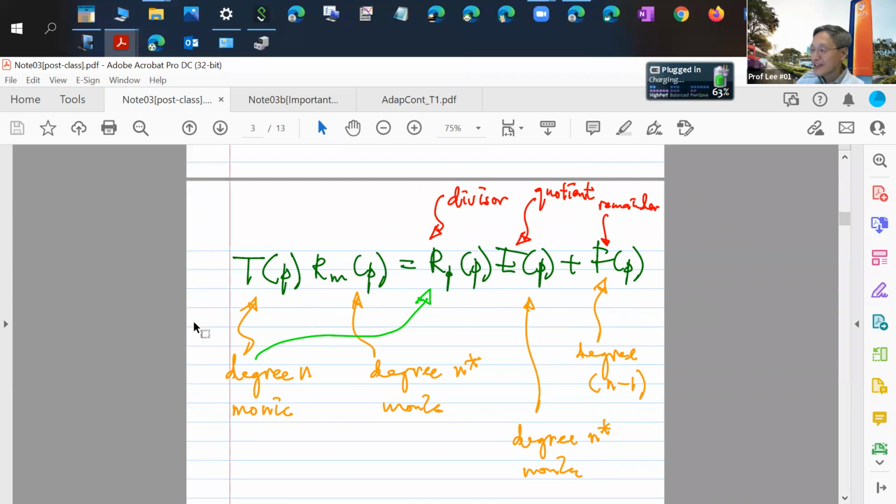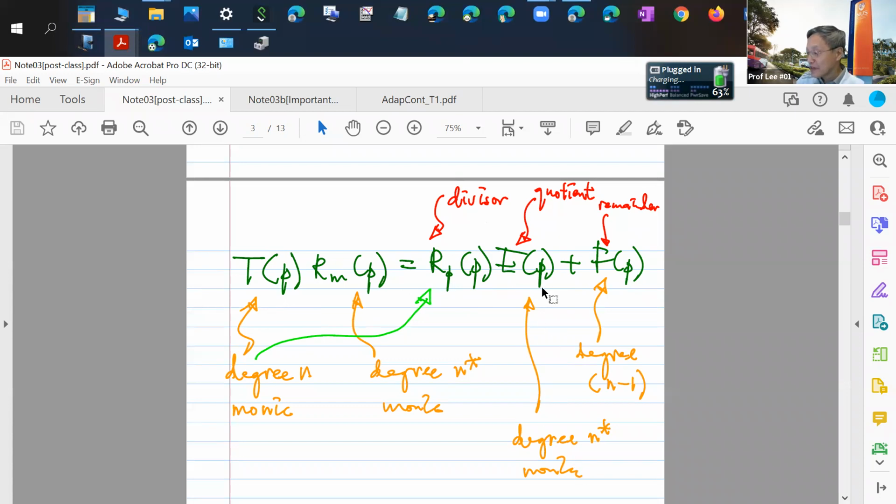Here you're saying that you give me a monic polynomial of degree n plus n star, divided by a monic polynomial of degree n, which is the divisor, Rp, the pole polynomial above.